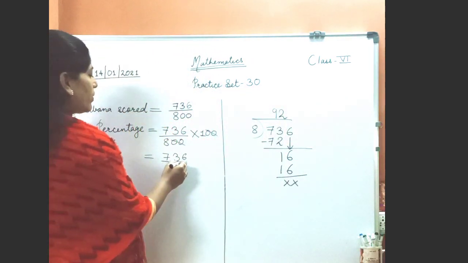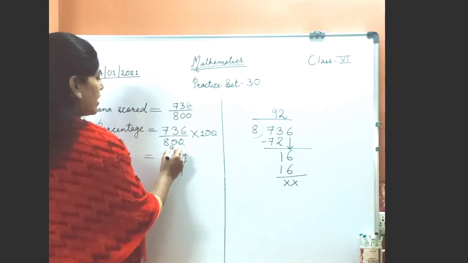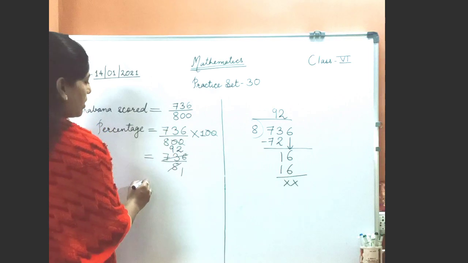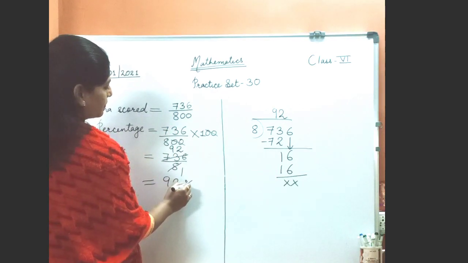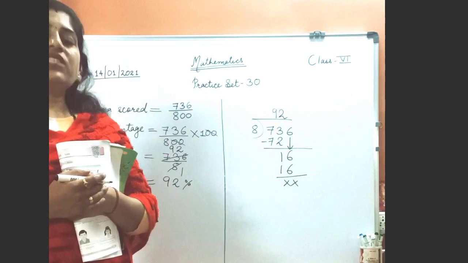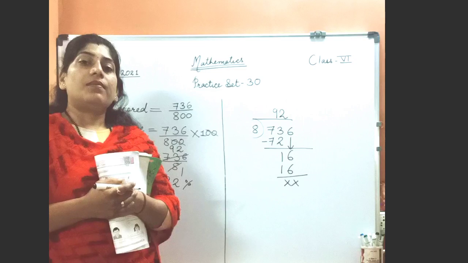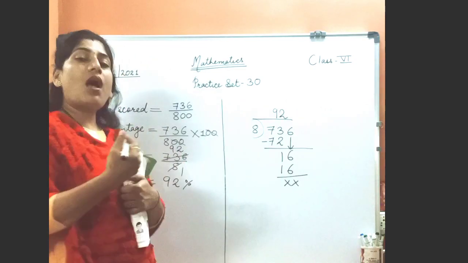So what will we do here? 8 ones are 8, 8 nines are 72, and 8 twos are 16. So the answer is 92%. Children, percentage means per cent. Cent means 100. Out of 100, how much?